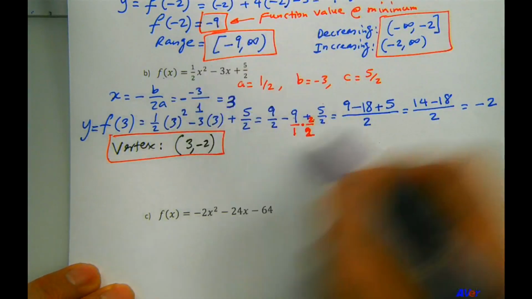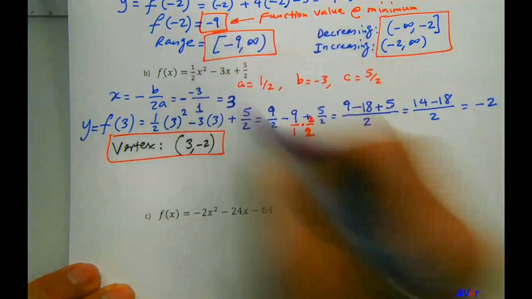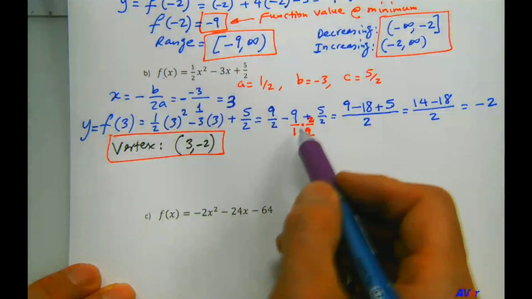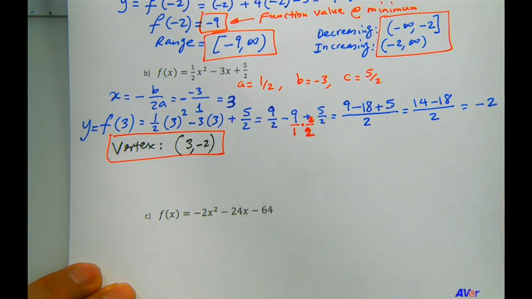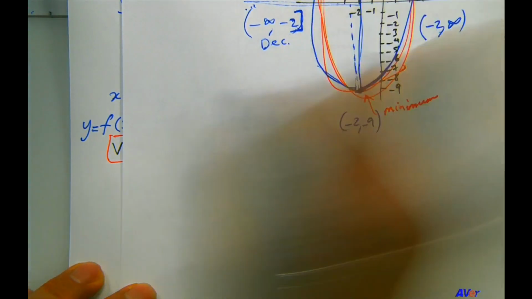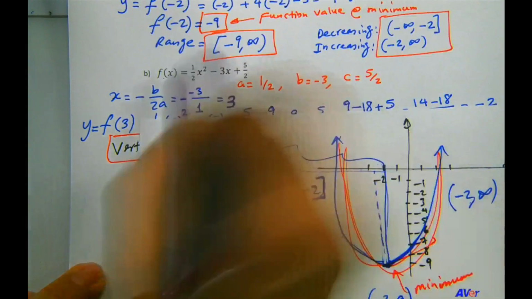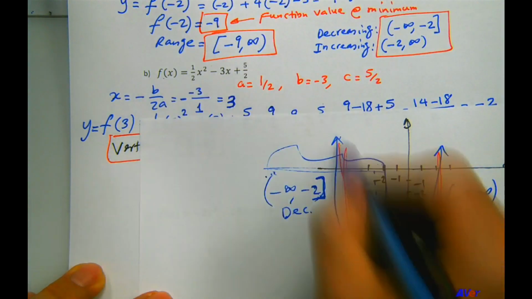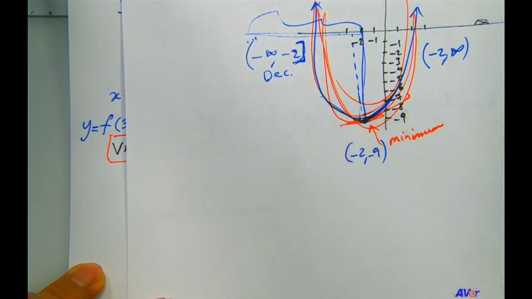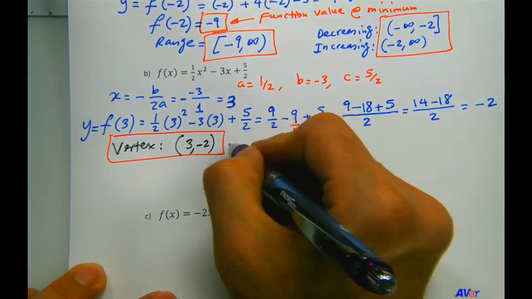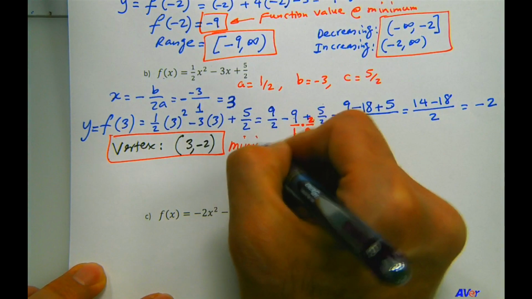So if it's opening like that, does it have a minimum point or maximum point? It has to have a minimum point, right? Just like the previous one. It's going to open like this because the coefficient of the quadratic term was positive, which means it's going to have a minimum. Okay, so this point is a minimum.